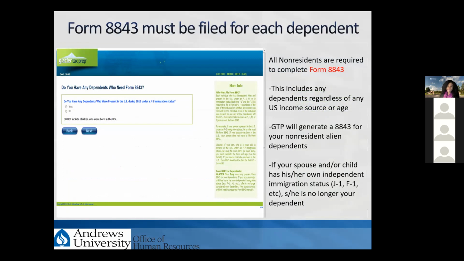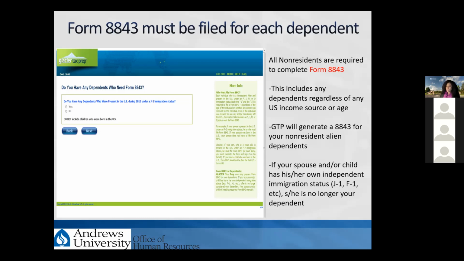All right, and then we have this Form 8843. For any dependent information you put in there, remember, even if they are not working, because they have F2, J2, or whatever visa type, you're supposed to complete 8843 for them. Glacier is also going to guide you on how to complete it and how to submit it to the IRS.